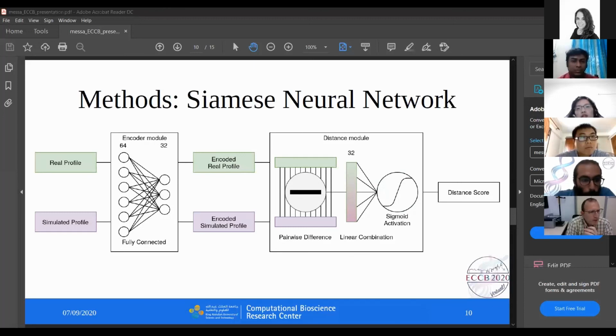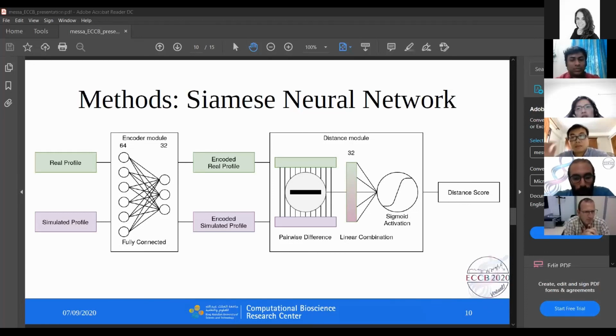Another question: how do you address the non-quantitative nature of untargeted metabolic screenings in the simulated profiles? Actually, we used quantitative data.